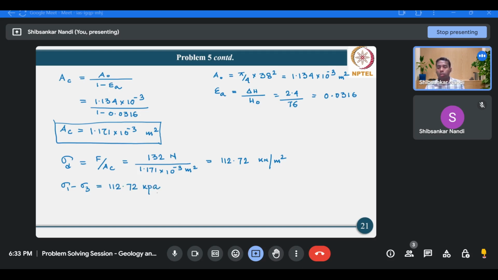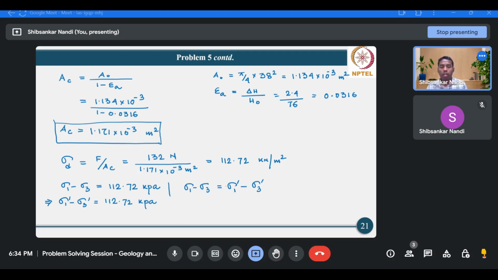Now we know that sigma 1 minus sigma 3 will be equal to sigma 1 prime minus sigma 3 prime. Therefore here we can write sigma 1 prime minus sigma 3 prime again 112.72 kPa. Now how can we write this?